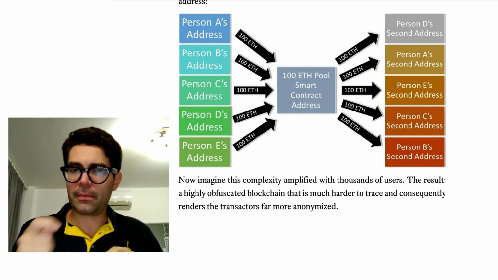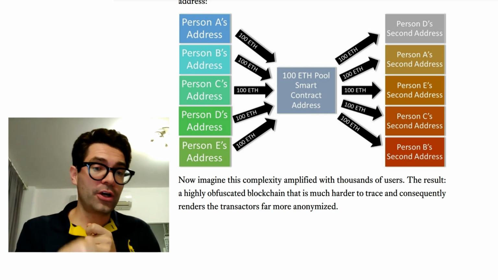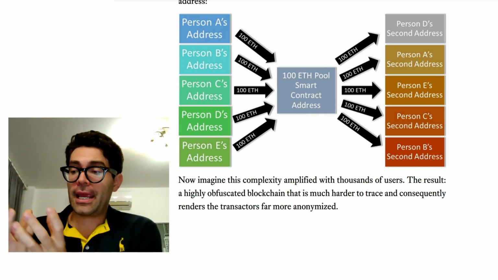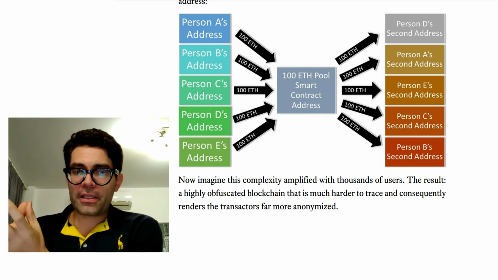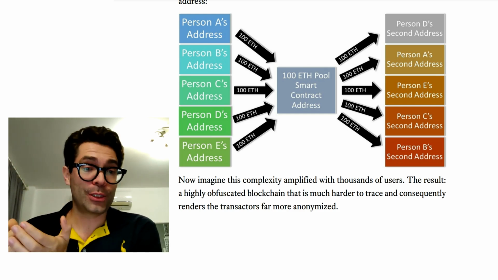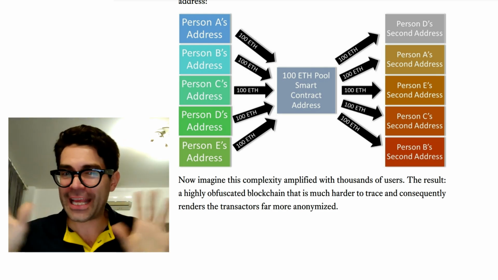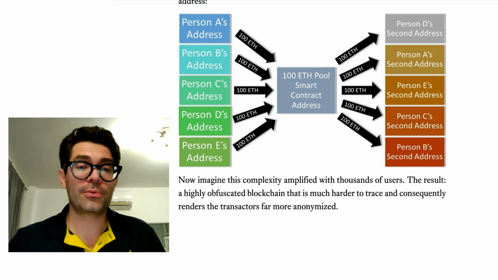Normally, the good thing about blockchain is we can trace back who put that dollar. But now, because you put it in a pool, it moves the pool and then says, okay, you want to withdraw? This is your coin. This is your coin. This is your coin. That's the same way Tornado Cash works.